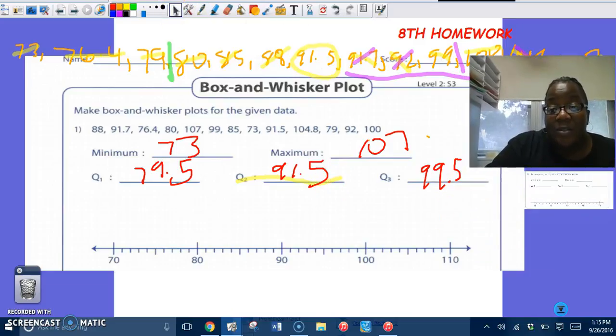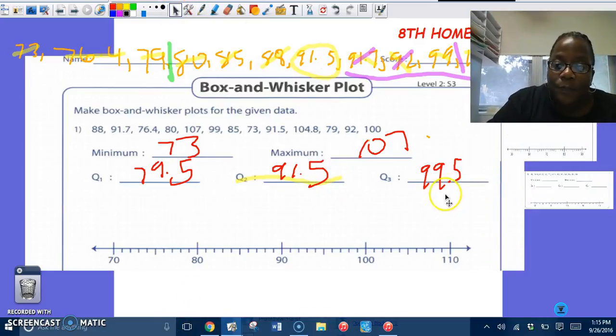You can start your box and whisker plot. My first stop would be a 73. 1, 2, 3, 73. All righty. And then my largest number, 107. 5, 6, 7.